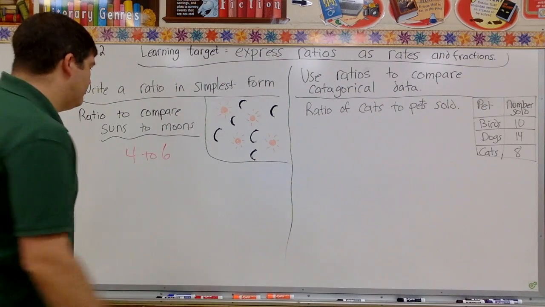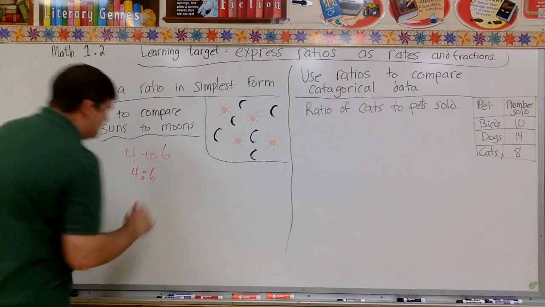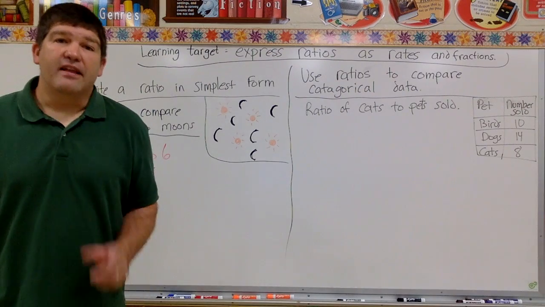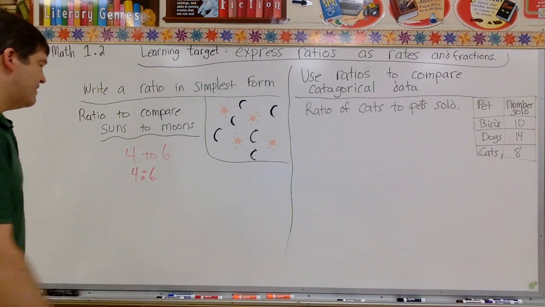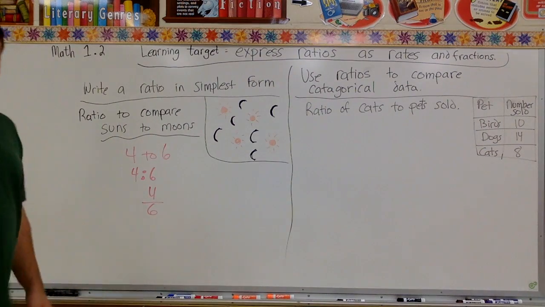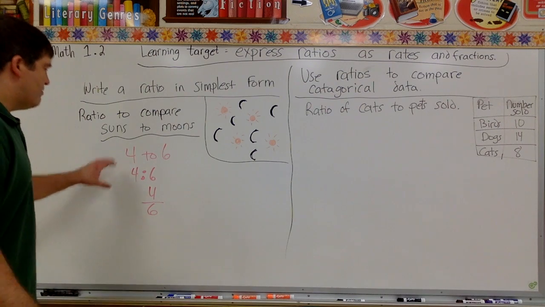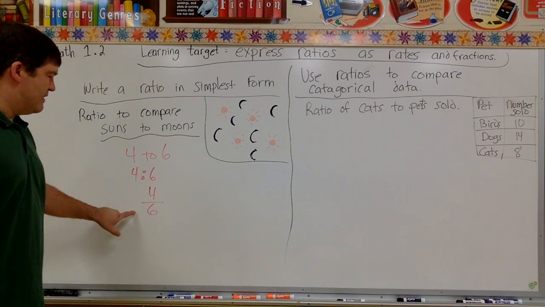Another way to write a ratio is 4 colon 6. And then the last way is in a fraction, 4 over 6, 4 divided by 6. I want us to be able to do it these three ways.